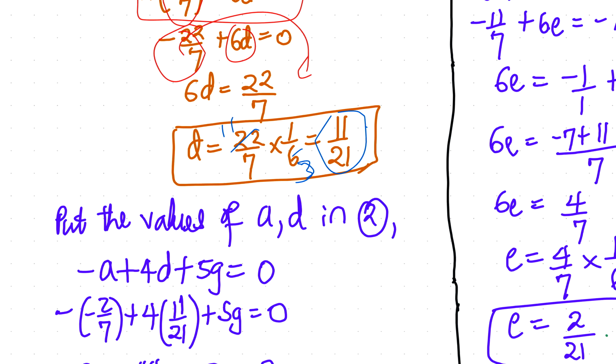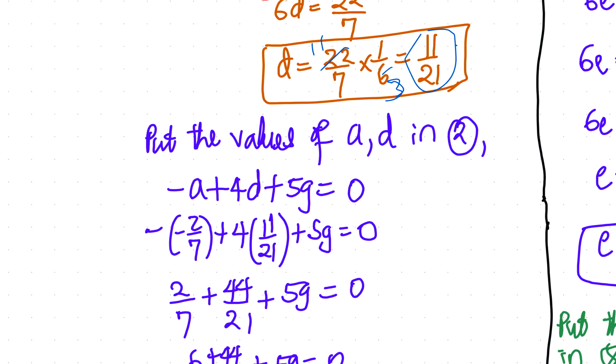So I take 2, so that's minus a plus 4d plus 5g equals 0. So I have minus, a is minus 2 over 7. Be careful with minus. When minus is involved, be careful. So minus into minus 2 over 7 plus 4 into d, which I just got as 11 over 21, right? So now all that plus 5g equals 0.